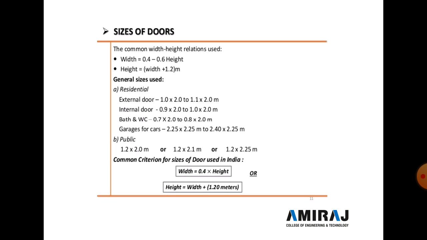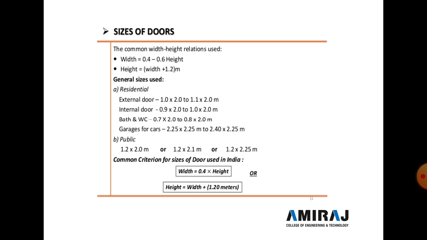Now internal doors, meaning kitchen, bedroom doors, puja room door or study room doors: all the internal doors are of size 0.9 by 2 to 1.0 by 2.0 meter.